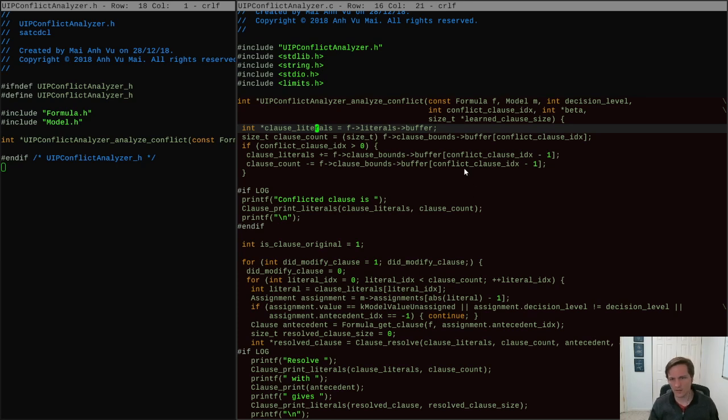I don't know why it's doing it this way instead of using a helper, but maybe it just decided not to do that this time. Doesn't matter too much. It looks like it's finding the beginning of the literals for this clause that has the conflict, and the count for that particular clause.